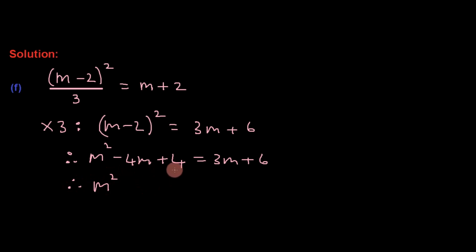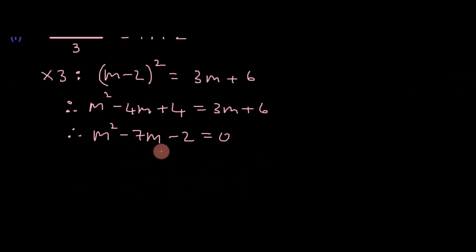So negative 4m minus 3m is negative 7m, and 4 minus 6 is negative 2. The equation is now in standard quadratic form, and we can write down the values of a, b, and c. A is 1, the m squared coefficient, b is negative 7, and c, of course, is negative 2.